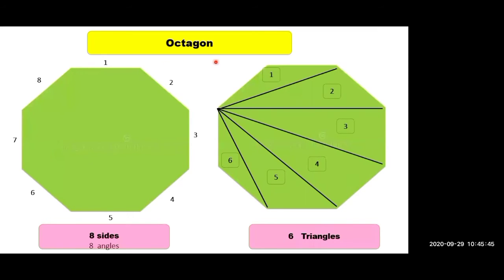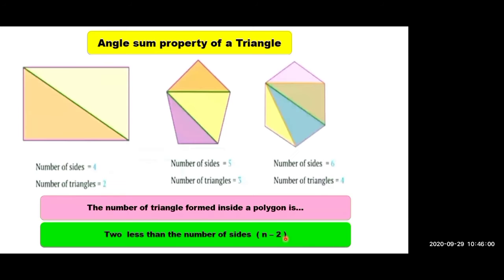So we can say that 8 sides, 8 angles and 6 triangles are formed in octagon. Okay. Children, in all these cases, did you notice there is a common relation between the number of sides and number of triangles in a polygon?